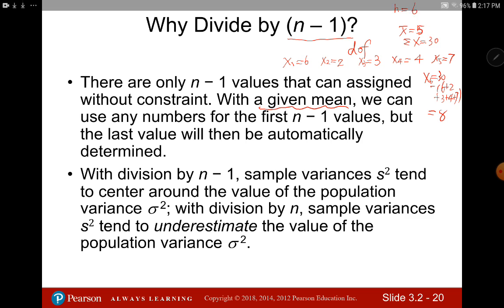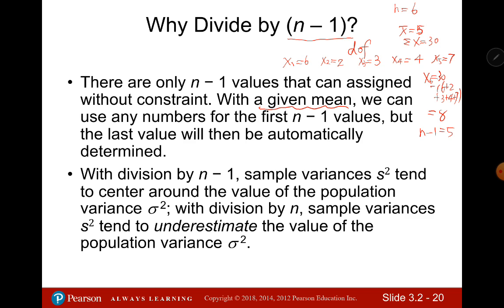We have 6 as our sample size, a total of 6 values, and the degrees of freedom is just 5. So degrees of freedom is n minus 1, equals 5. This is why it's n minus 1, not just n.